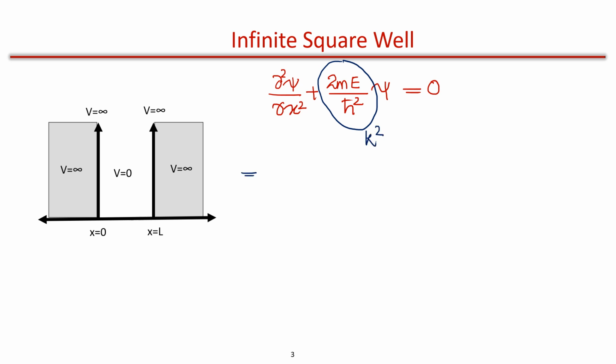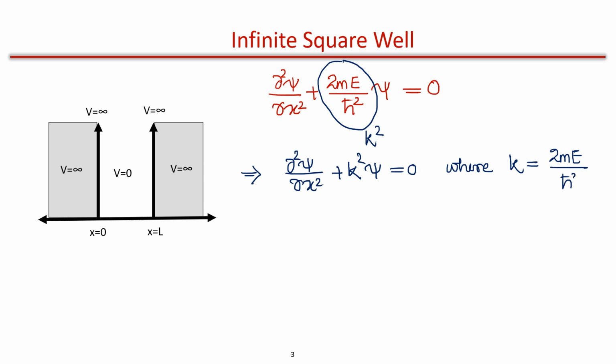So we can write del square psi by del x square plus k square psi is equal to 0, where k square is equal to 2mE by h cross square.